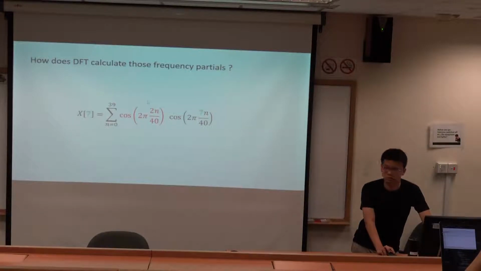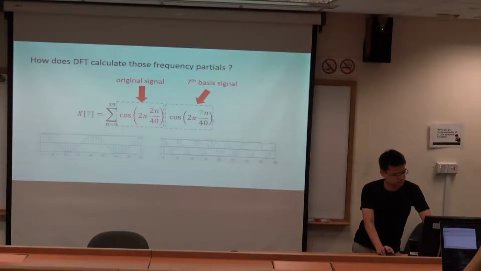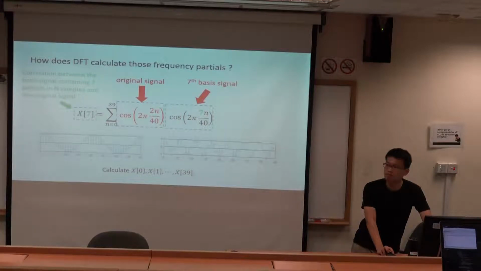If you look carefully, this is the original signal, and this is the signal which has 7 periods and 40 samples, and we store the result in capital X of 7. Similarly, we produce X of 0 to X of 39, right?